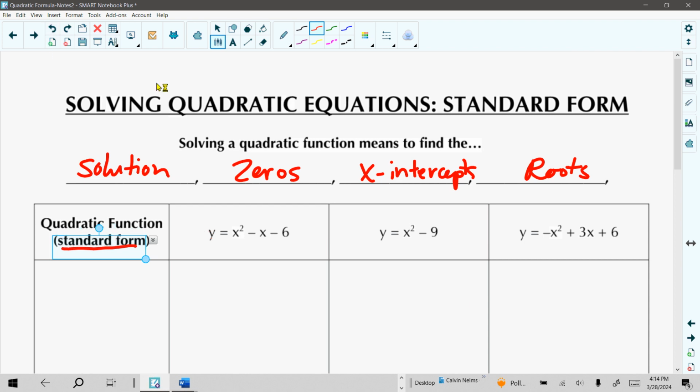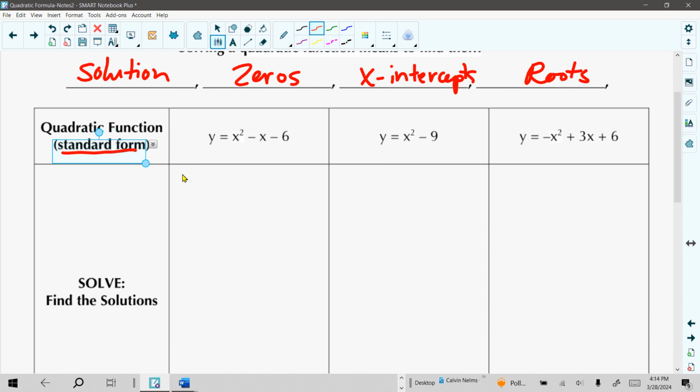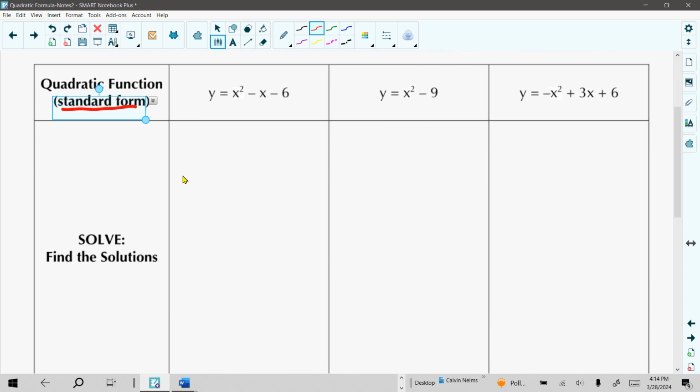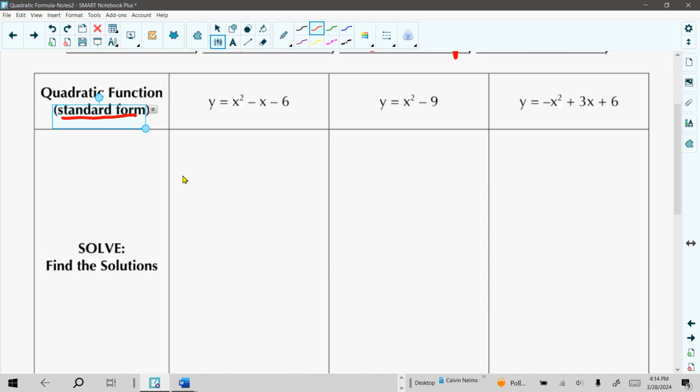So here they want you to find the solution. And we want you to see, can you solve it using factoring? Because this is like saying, I'm going to rewrite it, 0 equals x squared minus x minus 6. This goes back to the yellow graphic organizer.